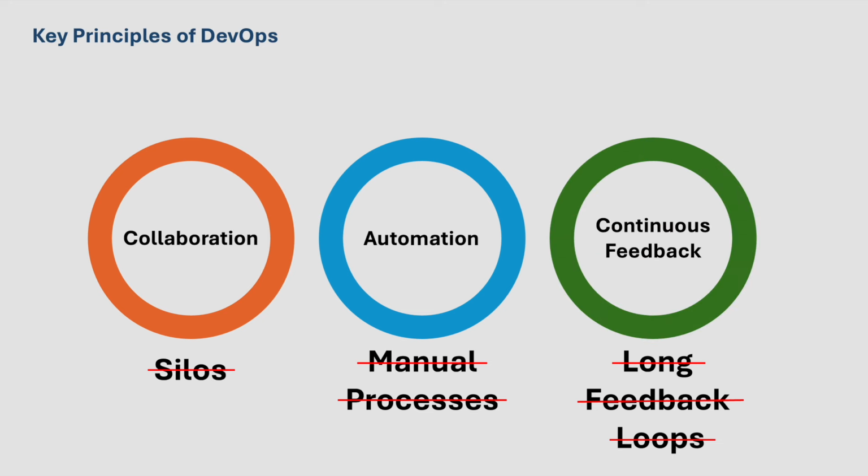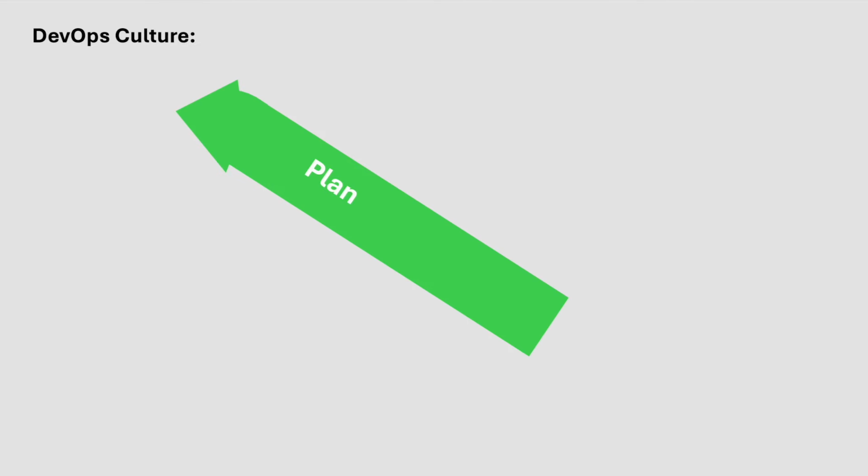Now that you understand what DevOps is, let us see how the DevOps culture differs from traditional software development. During the planning stage, developers, operations, and even business teams come together to collaborate. They discuss not only features but also infrastructure needs, timelines, and potential bottlenecks. Tools like Jira and Confluence make planning transparent across teams.